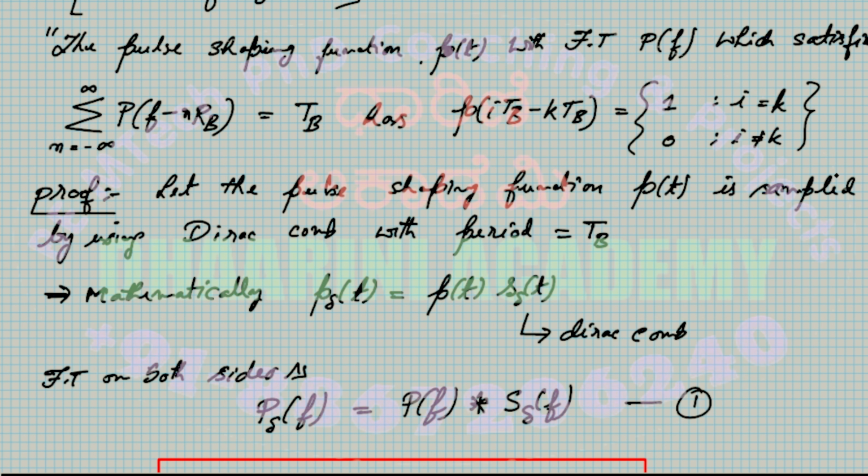There are two equivalent forms. You can use one of the given equations to prove the other. Okay, p of (i minus k) Tb is 1 for i equal to k, otherwise it is 0. This is the condition.